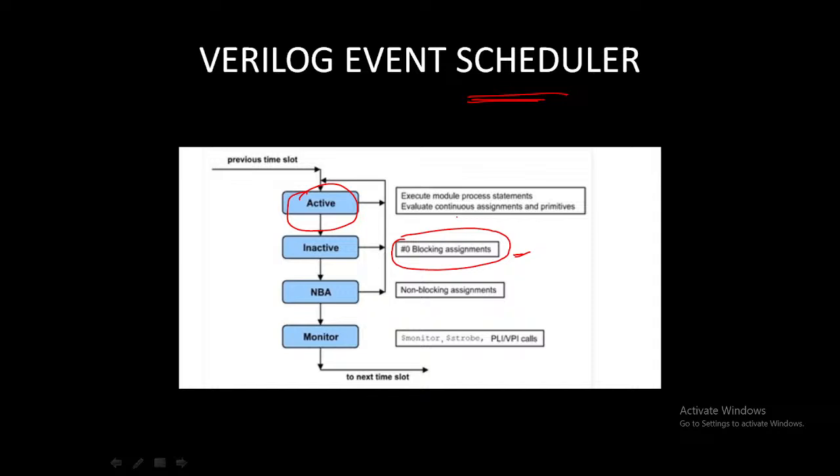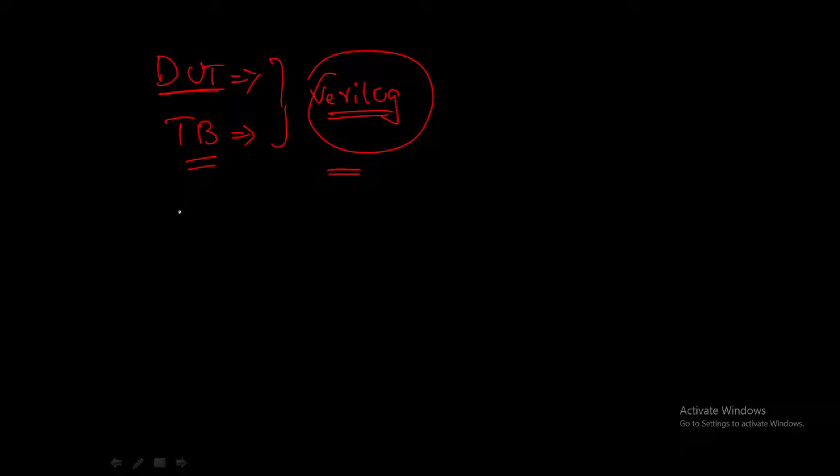In the monitor region, $monitor and $strobe will be executed. So this is the Verilog event scheduler. Most of the execution of the code takes place in the active region only.